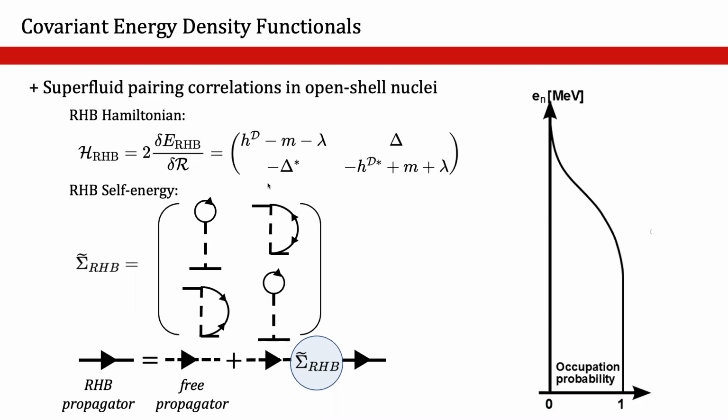The advantage of the Bogoliubov transformation is that it can deal with the mean field and the pairing part on the same footing. We just build the Hartree-Bogoliubov matrix, and we can solve it together. After the Bogoliubov transformation, the particle states turn into quasiparticle states and change the occupation probability to a range between 0 and 1 near the Fermi surface.